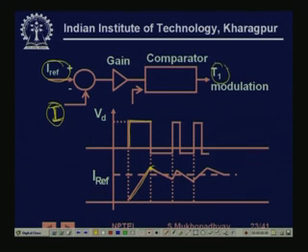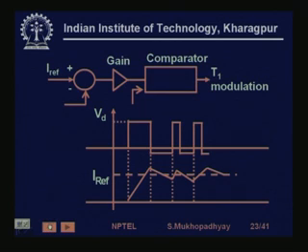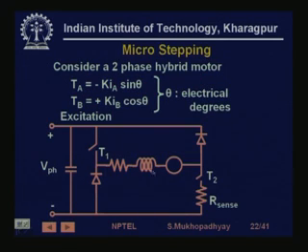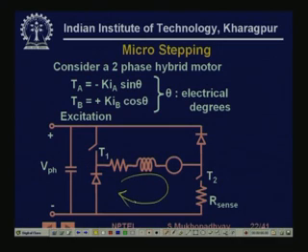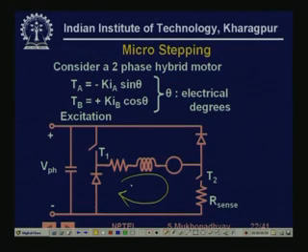So T1. You can see T1 by seeing the previous one. Initially you keep T1 and T2 both on, and then you switch off T1. The moment you switch off T1, the inductor will start driving current through this loop for some time, because it has some magnetic energy and it does not allow instant reversal of current through itself. So the current will continue for some time, but it will fall in magnitude.